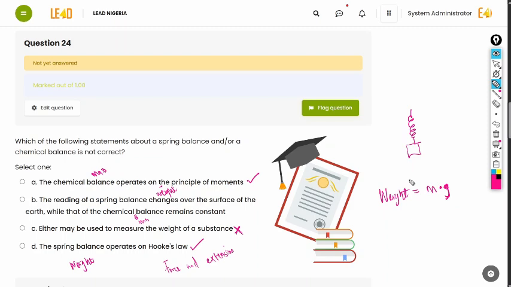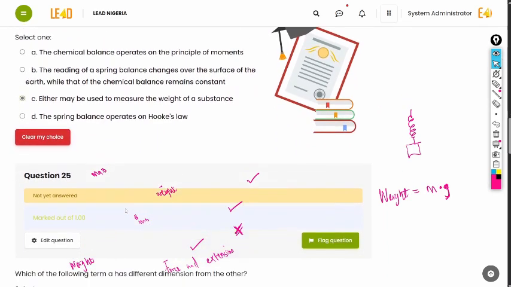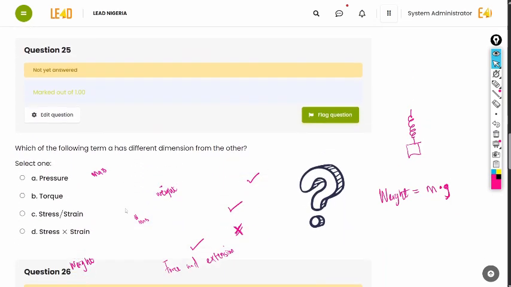So your reading, which is your weight, changes over the surface of the earth, while that of the chemical balance remains the same, because it's mass and mass is constant. So the correct answer is option C, because it is not correct. Your chemical balance does not measure weight; it only measures the mass of the substance or an object.